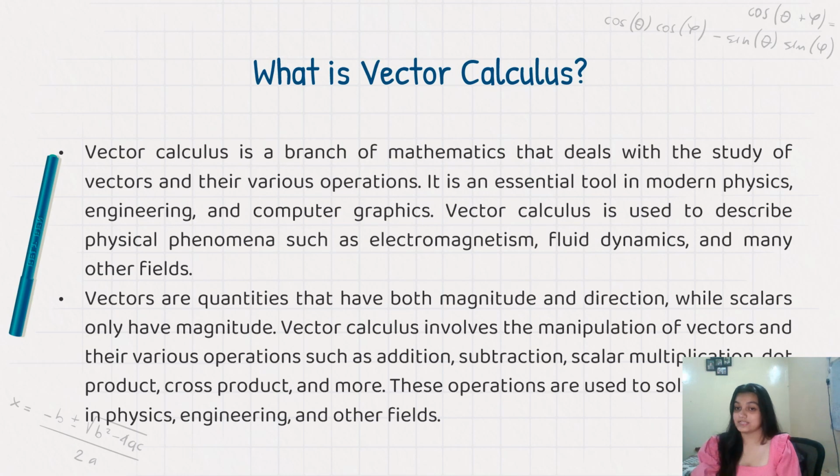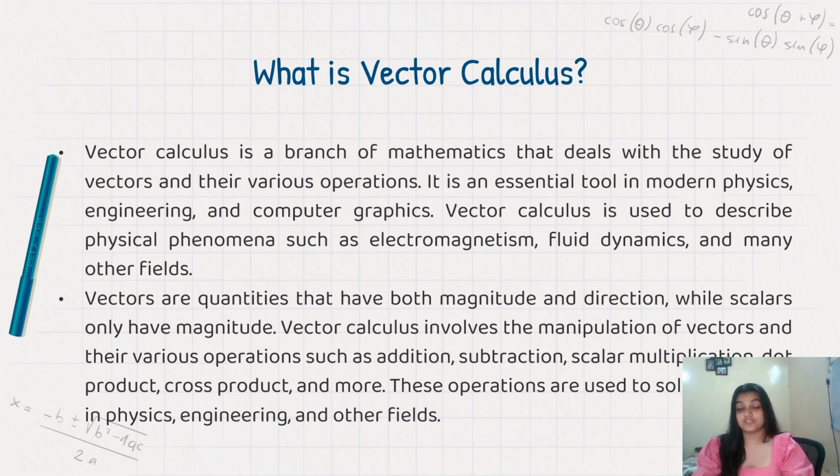What is vector calculus? Vector calculus is a branch of mathematics that deals with the study of vectors and their various operations. It's basically a tool in modern physics, engineering, and computer graphics. Vector calculus is also used to describe physical phenomena such as electromagnetism, fluid dynamics, and many other fields.